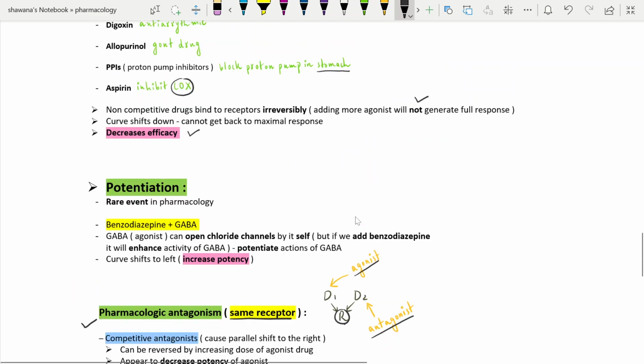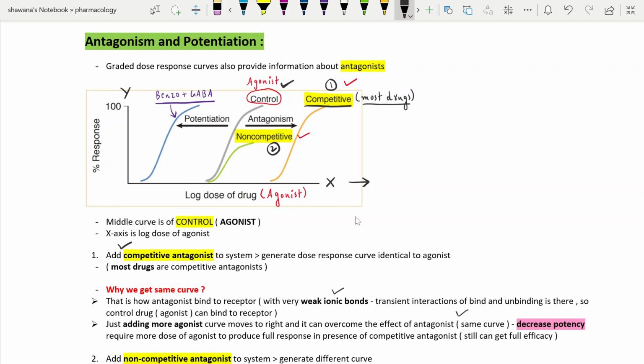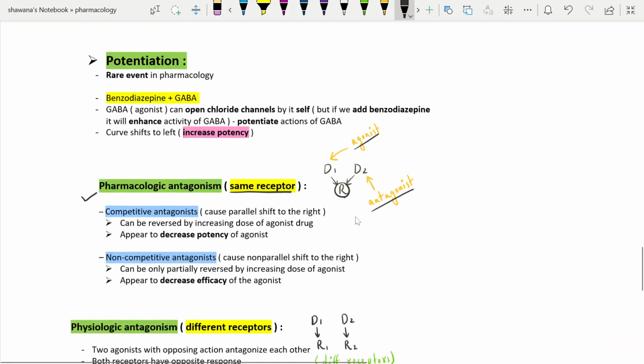In case of competitive, adding more of the agonist can overcome the effect of the competitive antagonist and it will reduce the potency. But in case of non-competitive antagonist, adding more drug is not worth it. It results in a decrease in the efficacy.